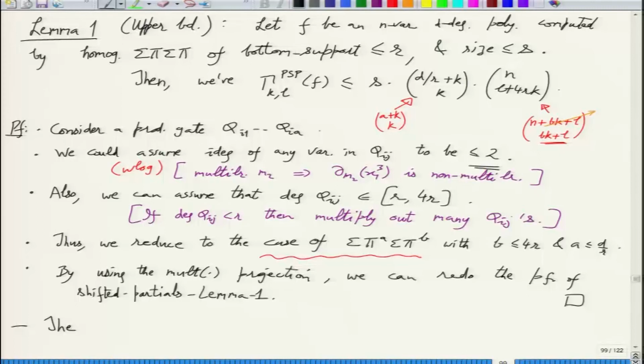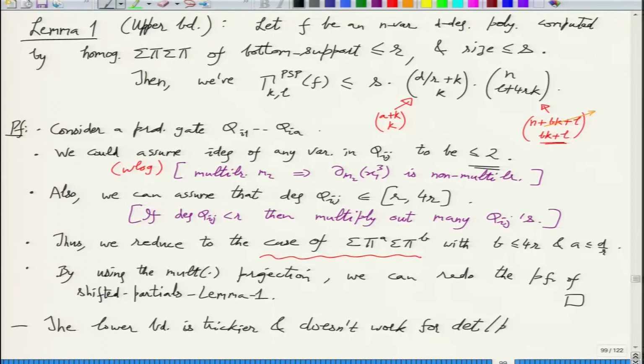So determinant is too sensitive, and permanent also is too sensitive to this measure, to this variable restriction. So other polynomials will be used that are not so sensitive. So the lower bound is trickier, and doesn't work for determinant or permanent.